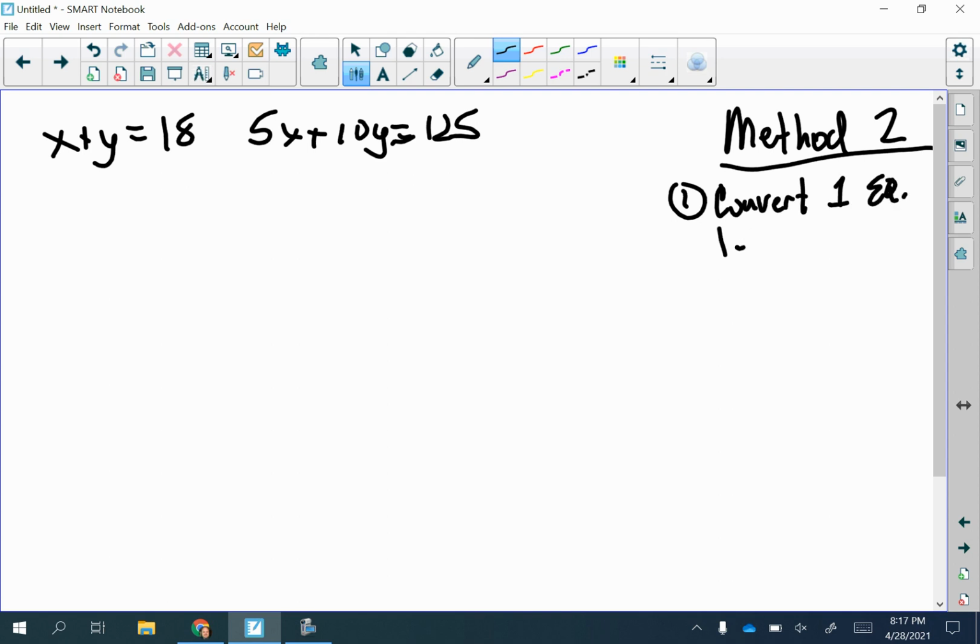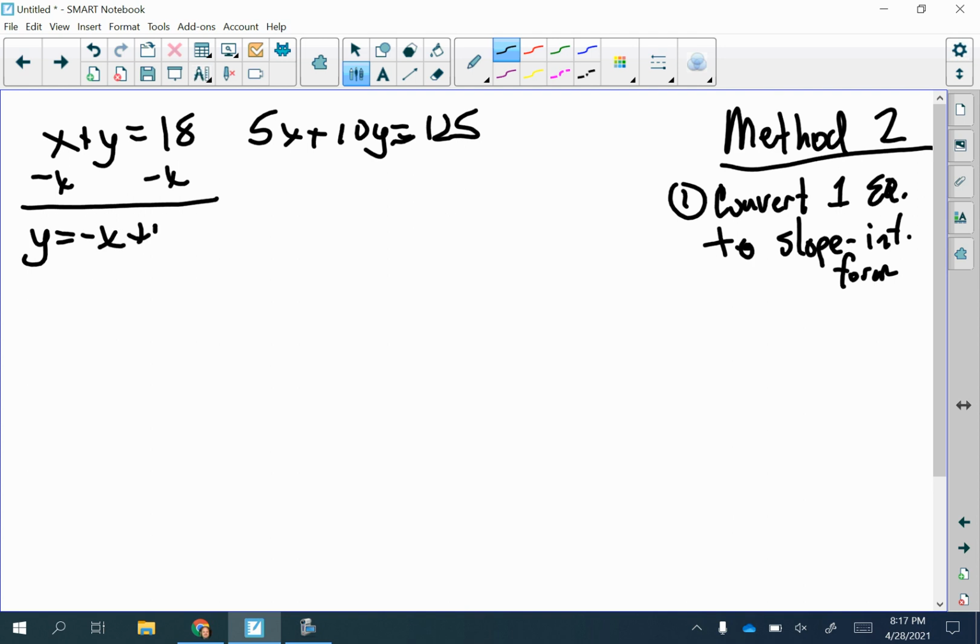equation to slope intercept form. So if I move this x over, I get y equals negative x plus 18, and there's my one equation in slope intercept form.